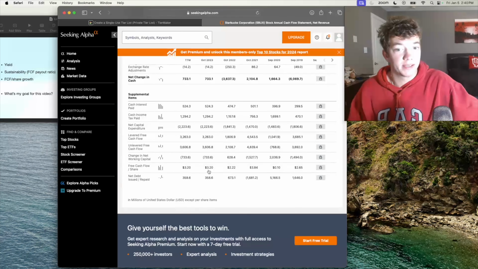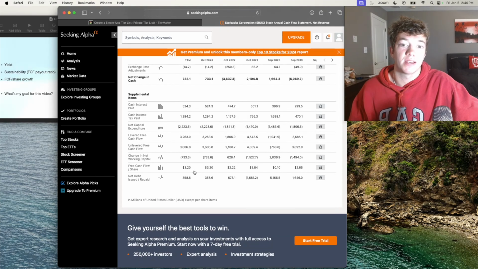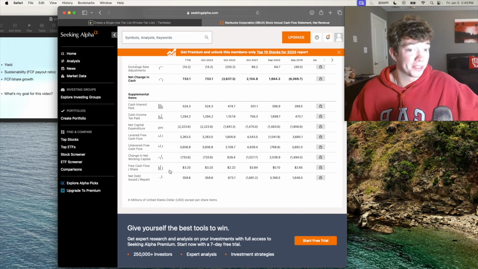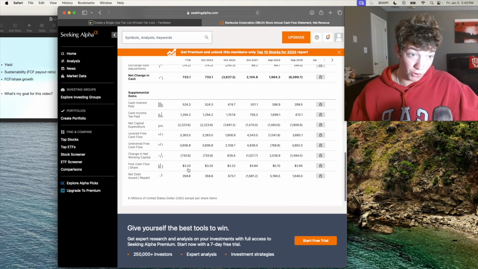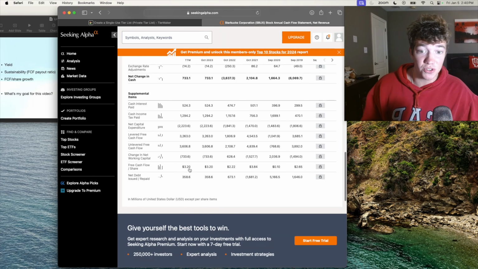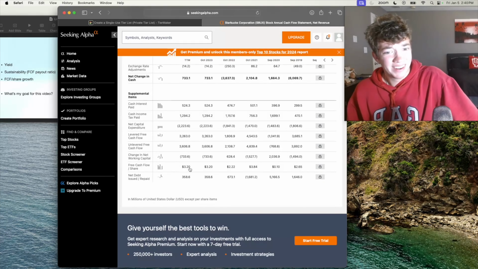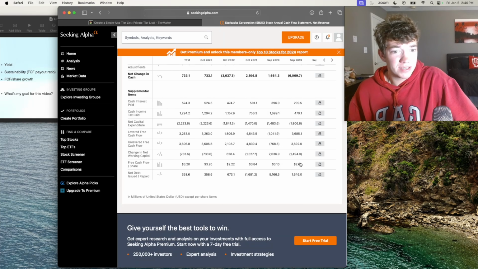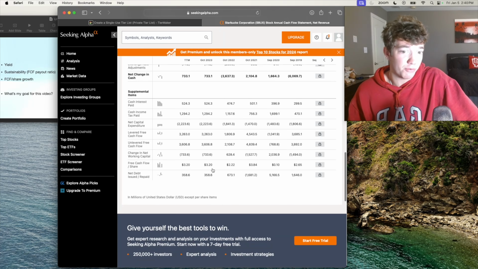Slight pullback, 320 in October 2023. And the trailing 12 months is also 320. I'm guessing that's just pulling the same data for these two. They haven't updated with the fourth quarter for 2023 yet, I'm assuming. We see 265 and we see it at 320.